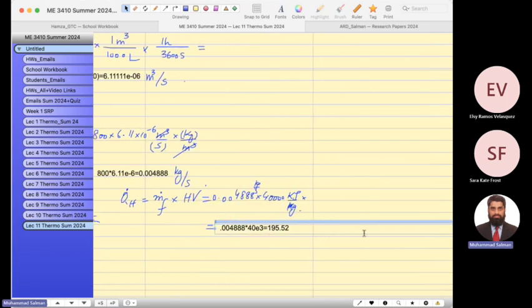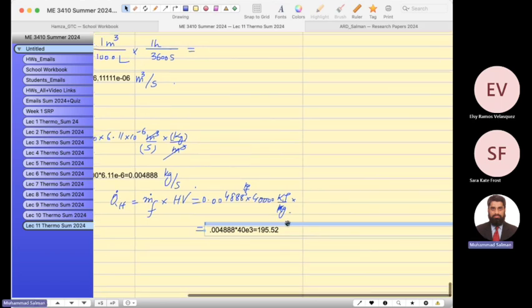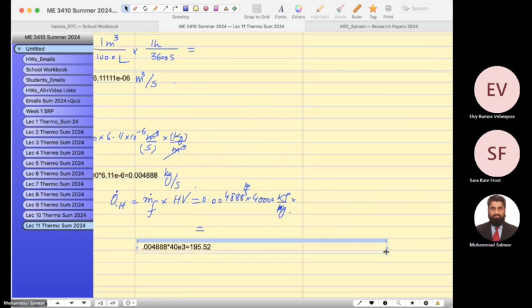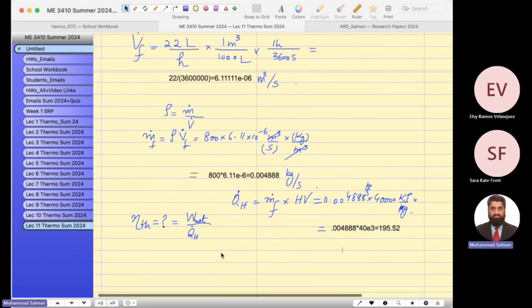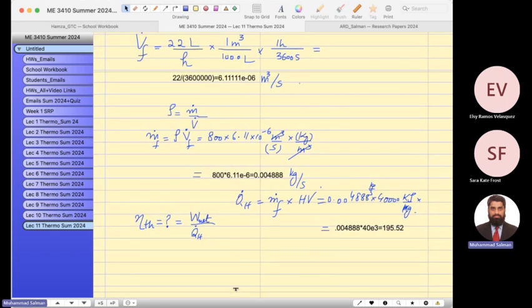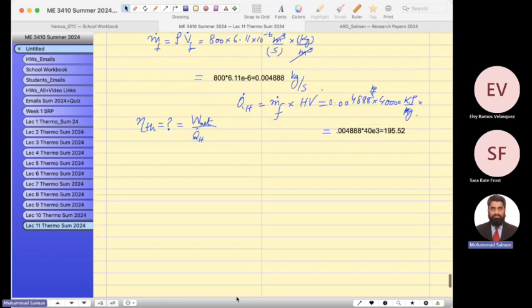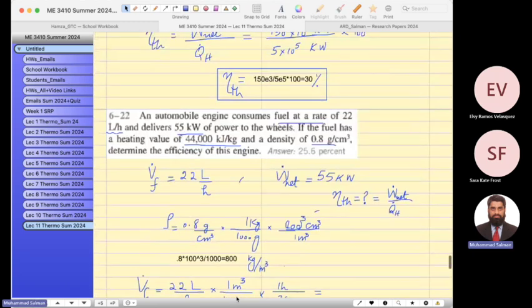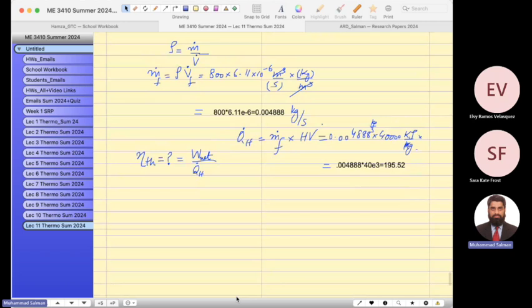This is 195.52 kilowatts. Our power output given in the question is 55 kilowatts. So can I write down 55 kilowatts in the numerator and 195.52 kilowatts in the denominator times 100?